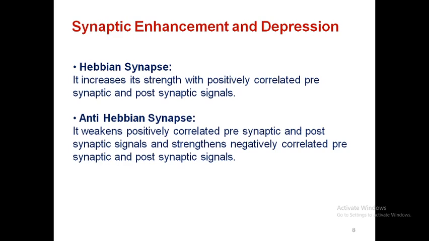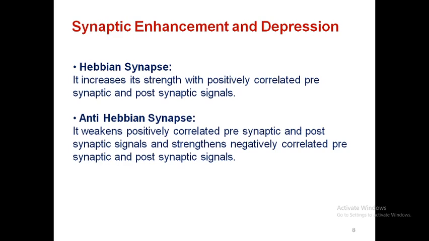The corresponding postsynaptic signals as well as presynaptic signals decide whether it increases the weight or decreases the weight. So we will see this with an example at the end.